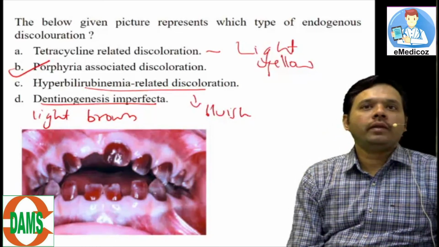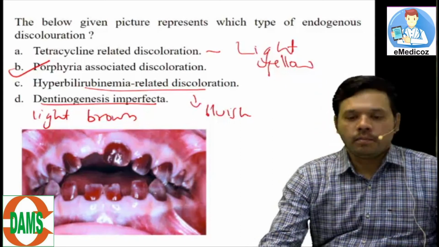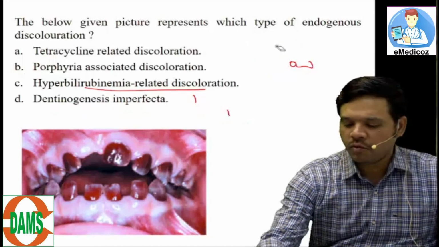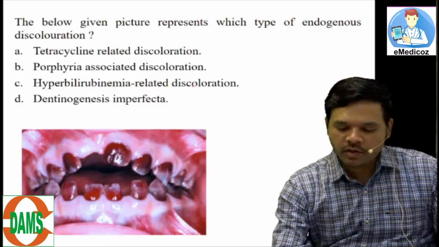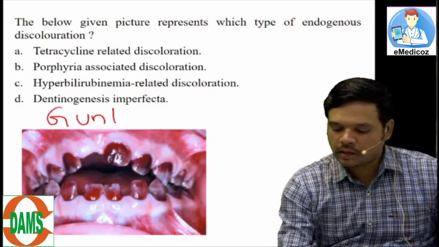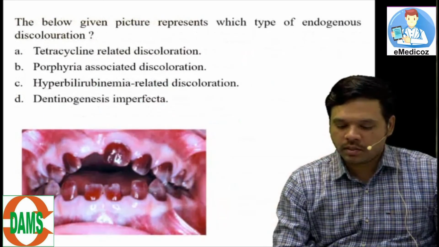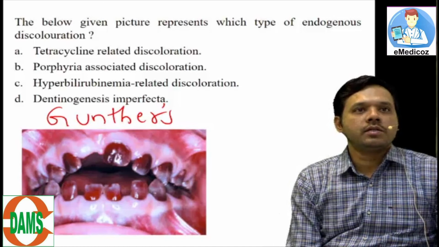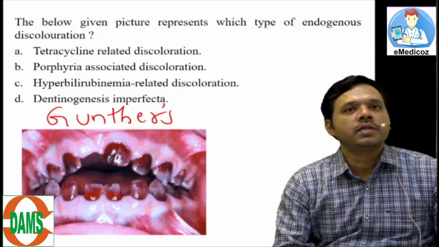They'll give you options with the synonyms. Erythropoietic porphyria is also known as Gunther's disease. So here the correct answer will be porphyria associated discoloration.